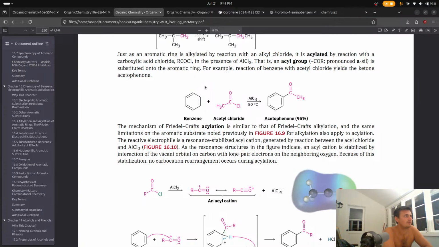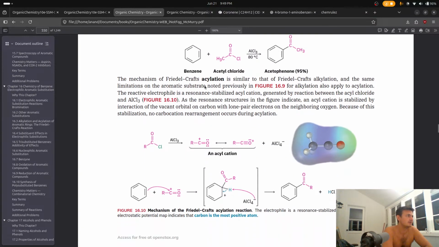For example, reaction of benzene with acetyl chloride yields the ketone acetophenone. The mechanism of a Friedel-Crafts acylation is similar to that of alkylation, and the same limitations on aromatic substrates noted previously for alkylation also apply to acylation.